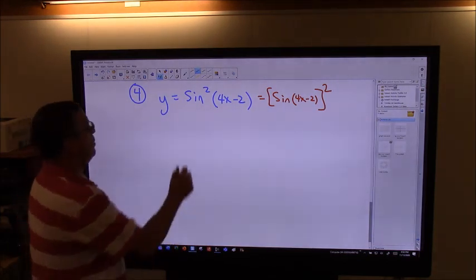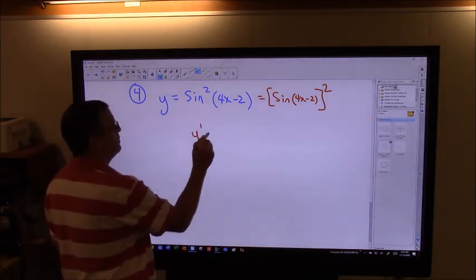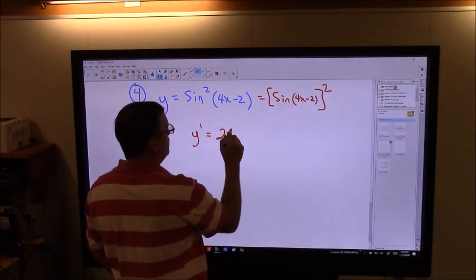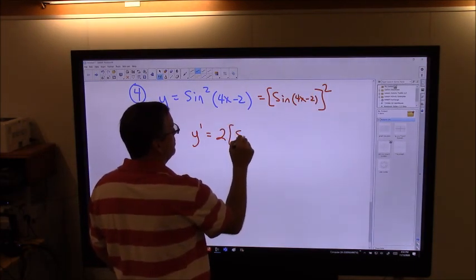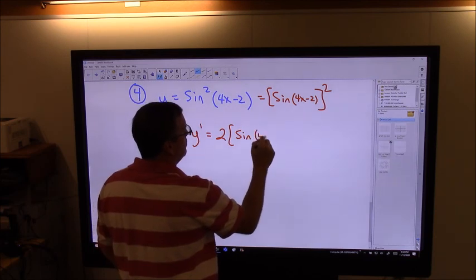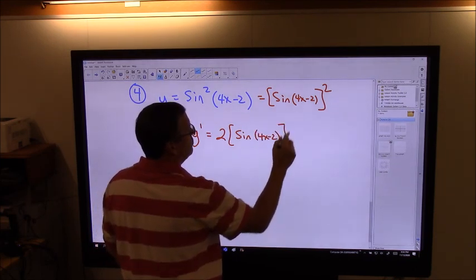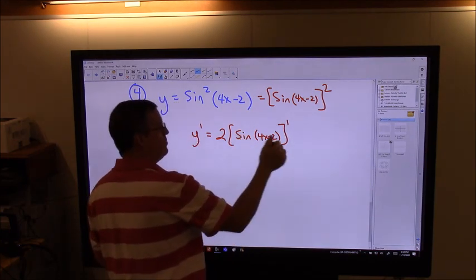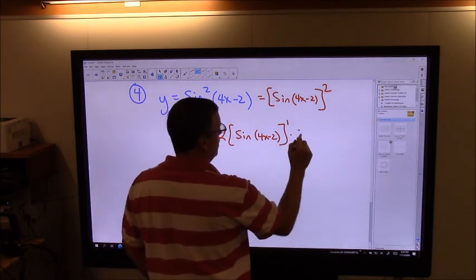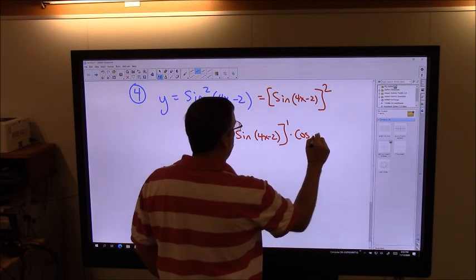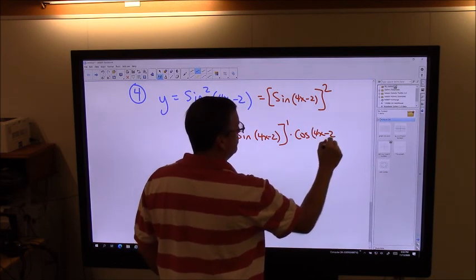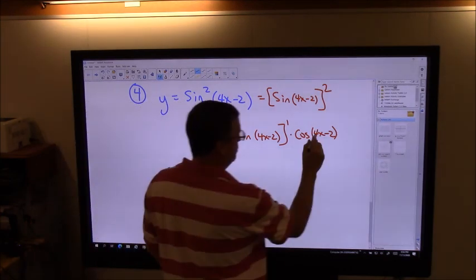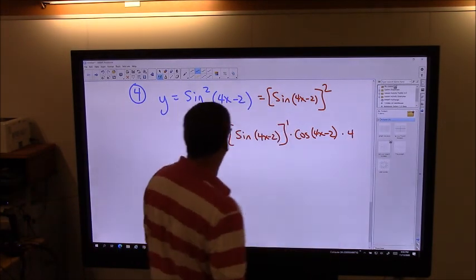All right, so y prime, I need to bring my 2 down in front, subtract 1 from the exponent, times the derivative of the inside, which is going to be cosine of 4x minus 2, times the derivative of the angle, which would be 4.